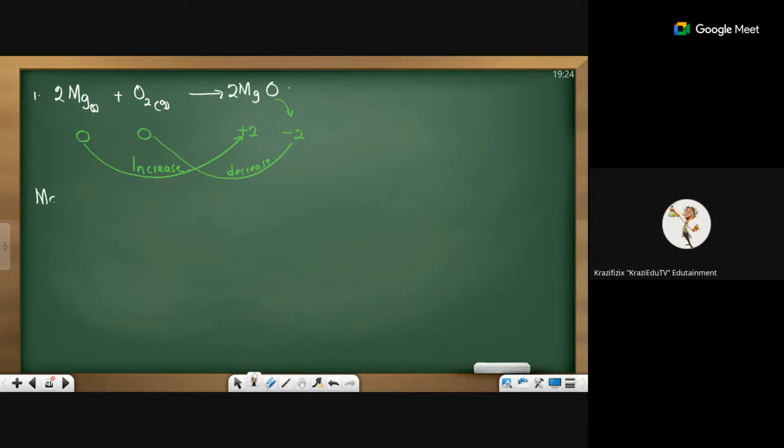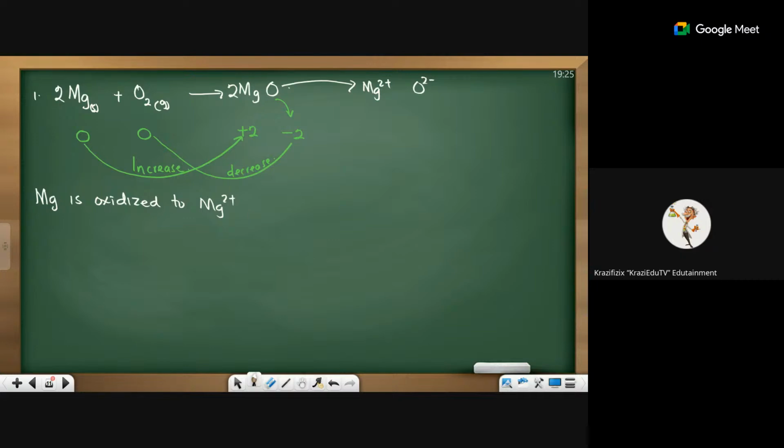Mg is oxidized to Mg2 plus. Guys, because here what we have is Mg2 plus and O2 minus. Magnesium is oxidized from the left to the right, Mg2 plus. Is that okay? That's how we are going to answer the question.